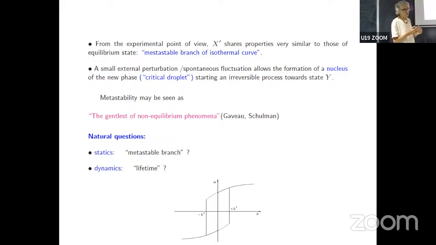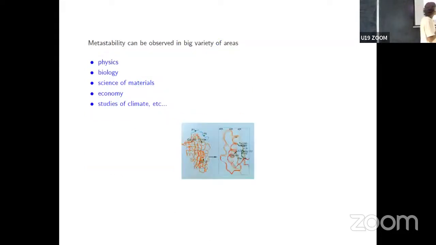This is because sometimes the metastable state is very important because it is applied. It is something to be used. I like very much this quotation of Gaveau and Schulman, which is the gentlest of non-equilibrium phenomena, but it is a non-equilibrium phenomenon. And in terms of applications, you see there is a huge variety.